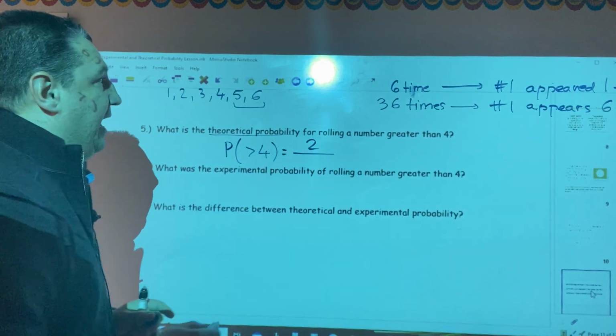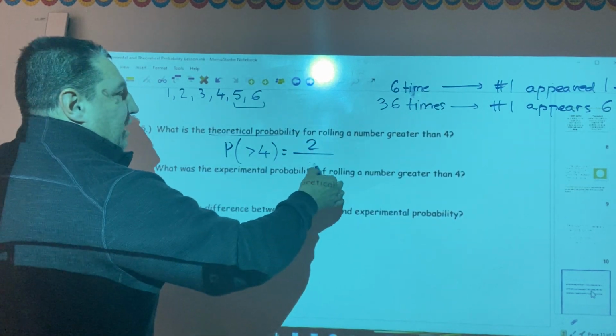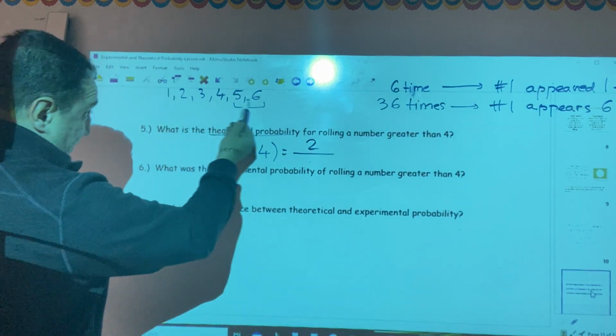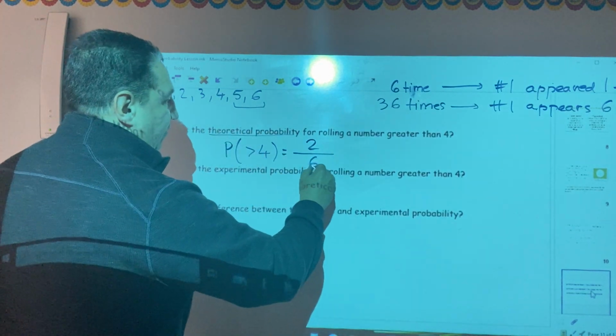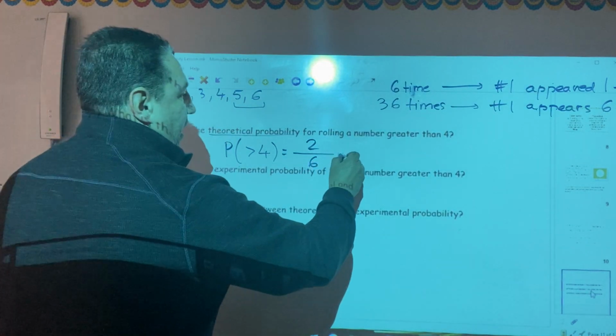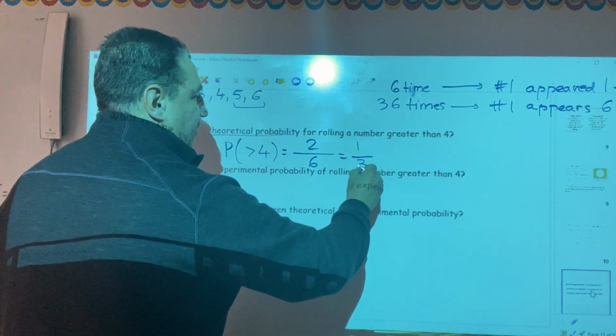Now, in the denominator, we should have the total number of possible outcomes, which is 6, right? So, you're going to have 2 over 6. If we simplify this fraction, you'll get 1/3.